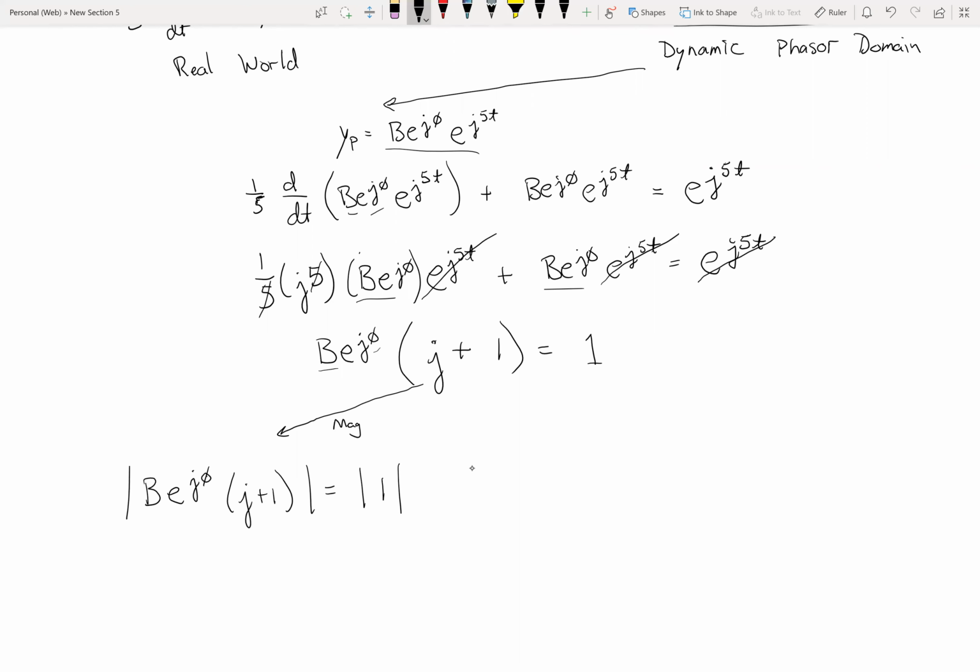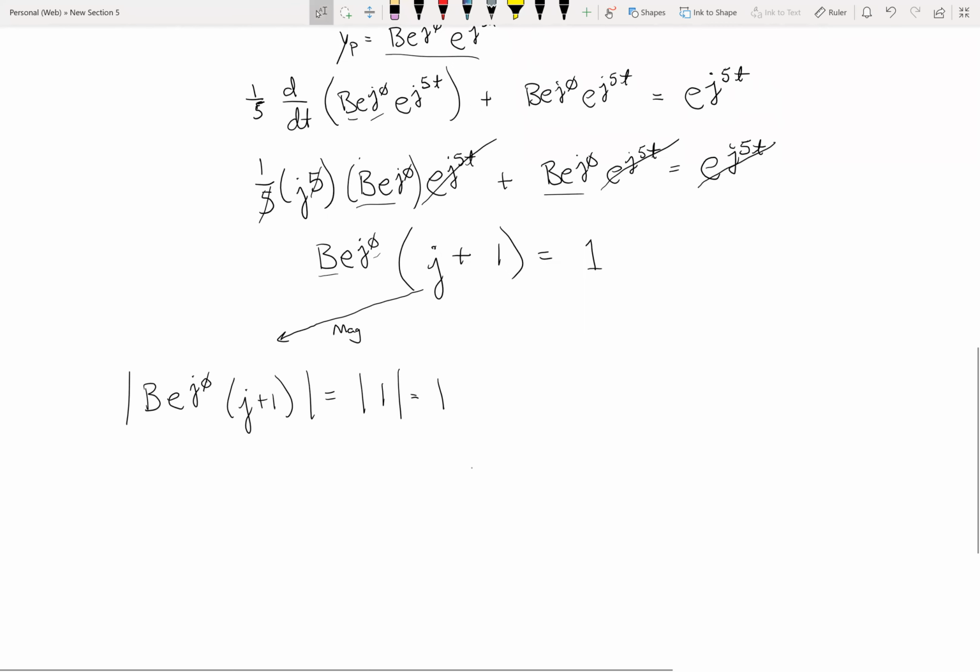The magnitude of 1 we know is always 1. If I have b e to the j phi and j plus 1 all multiplying each other, we know that when we multiply complex numbers, we multiply their magnitudes. So I have magnitude of b times magnitude of e to the j phi times magnitude of j plus 1, all equals 1, okay?